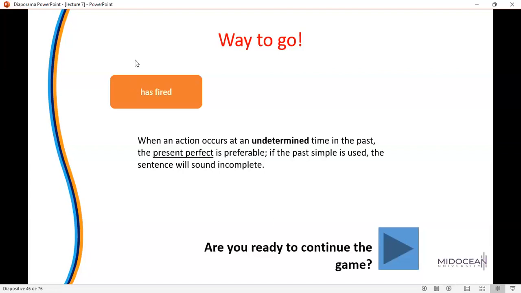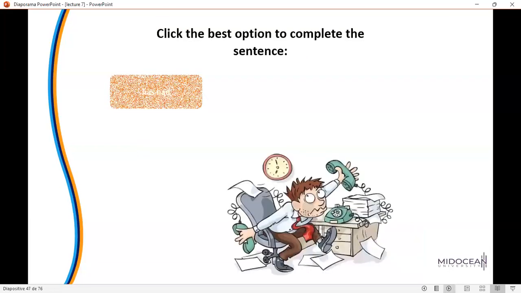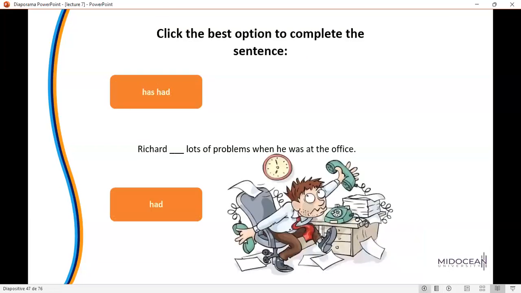Why? Here we have an action that occurs at an undetermined time in the past. So the present perfect is preferable; if the past simple is used, the tense will sound incomplete. I continue. Example number 3.